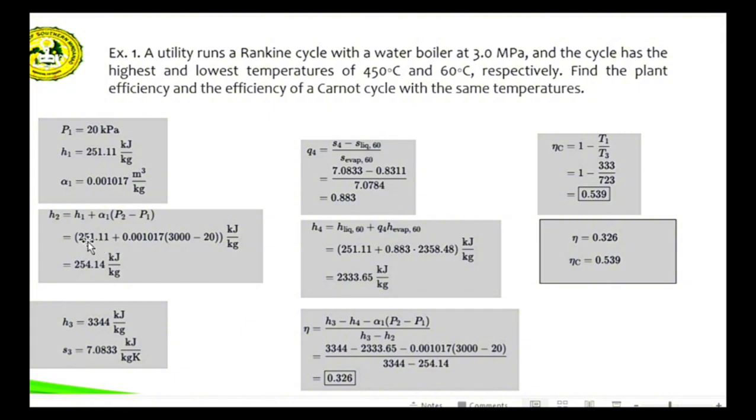So the enthalpy at state 2 will be determined from the energy balance on the pump. So we have the enthalpy at state 2 is equal to the enthalpy at state 1 plus the specific volume of saturated liquid multiplied by the pressure at state 2 minus the pressure at state 1.